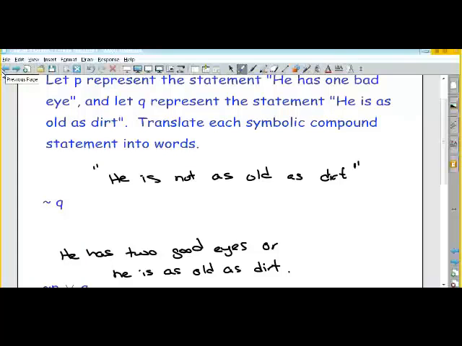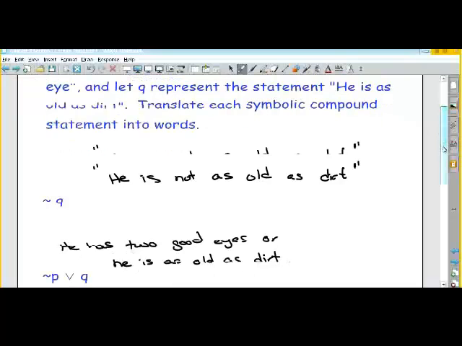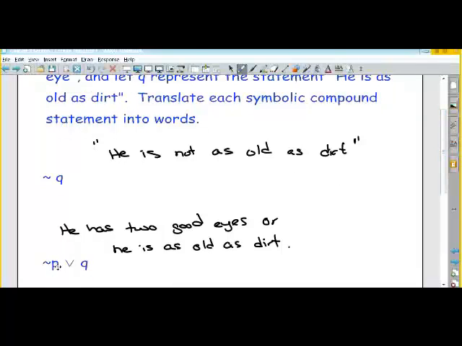Pardon me? Oh, the question? Oh, yeah, the question was this. There was no question. What we're doing was we wanted to write a statement, write out in words what this represents. So it's this negation P or Q. So I did a negation of statement P, which was he has 1 bad eye.